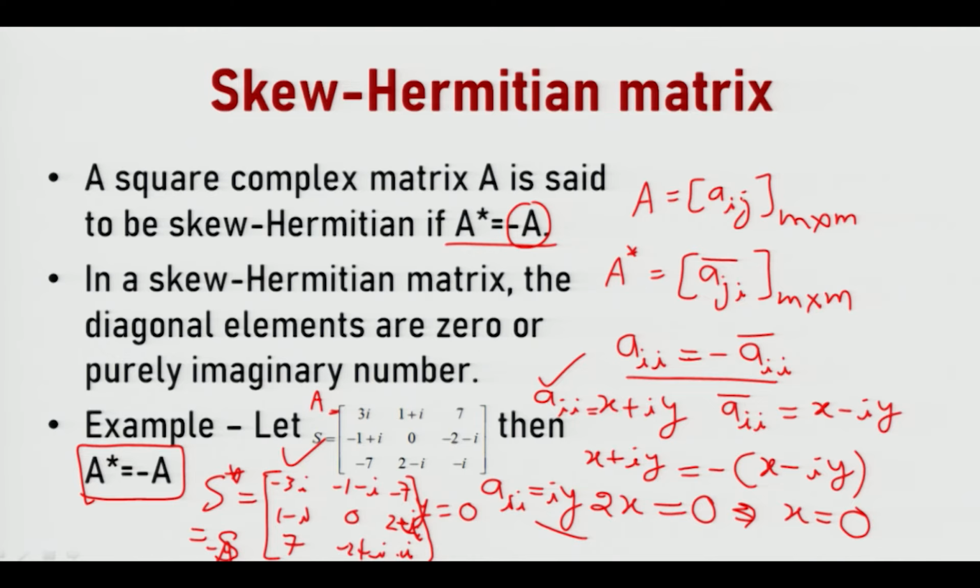This is the 7, minus sign common here, so 7, and this is minus 1 plus iota, and so on. So in this way we can see that this is the skew Hermitian matrix.